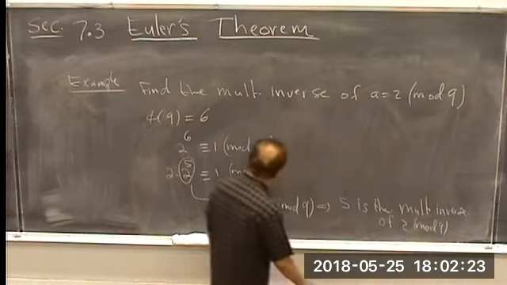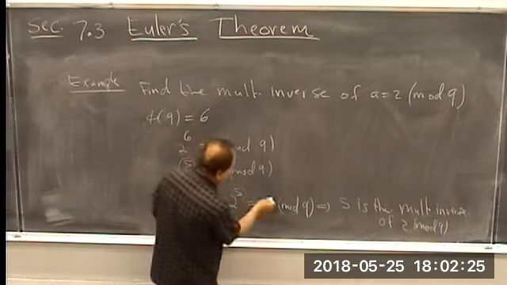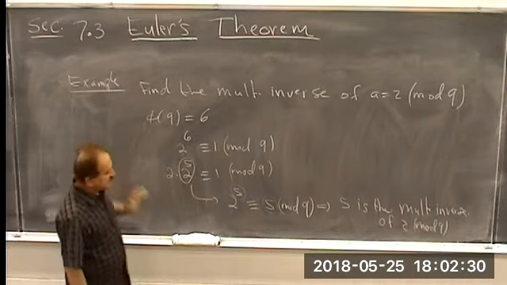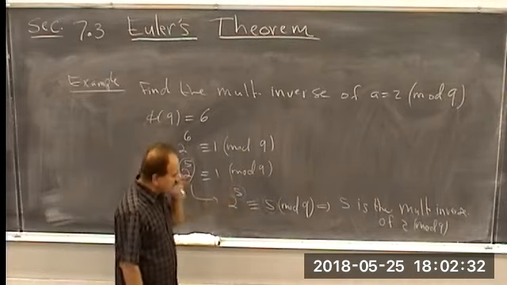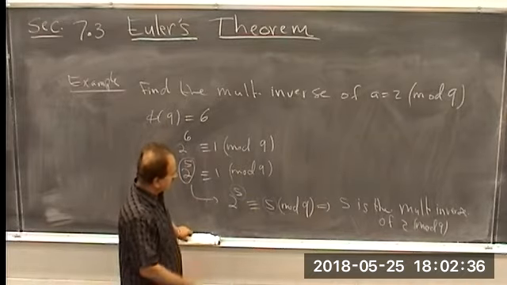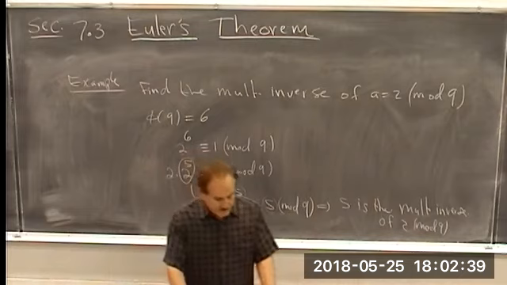Now, by the way, the 5 that appears as an exponent and this 5 are equal by accident, not always the same. It happens that 32 is congruent to 5 mod 9. If you subtract, you get 27. All right.